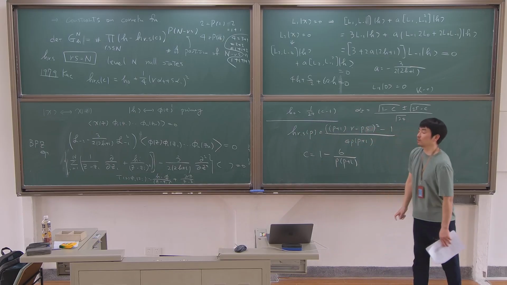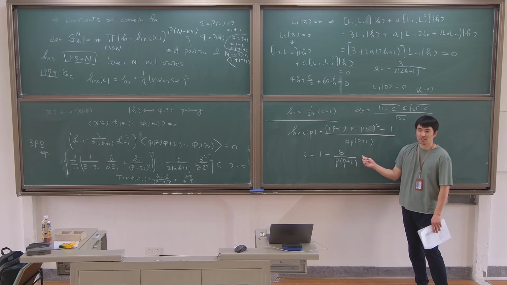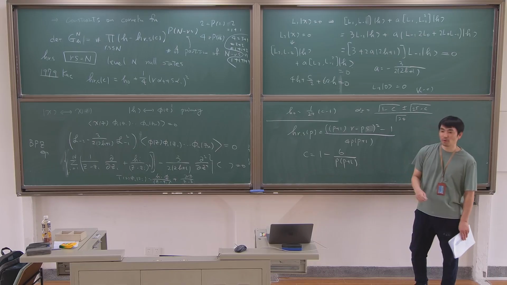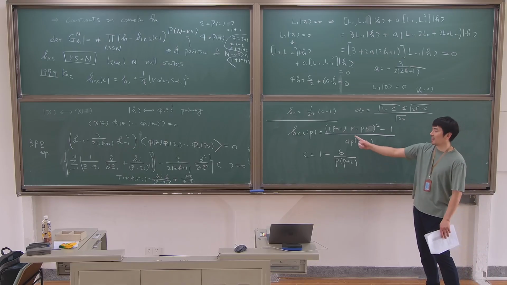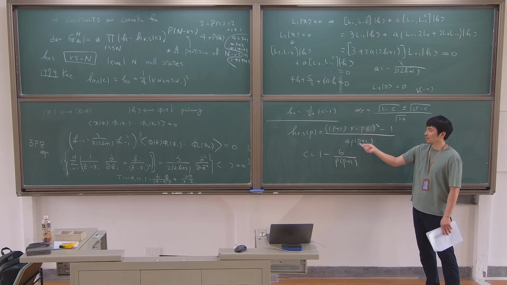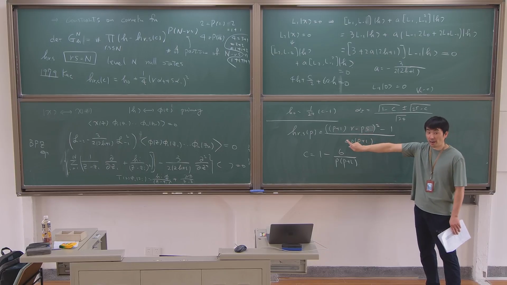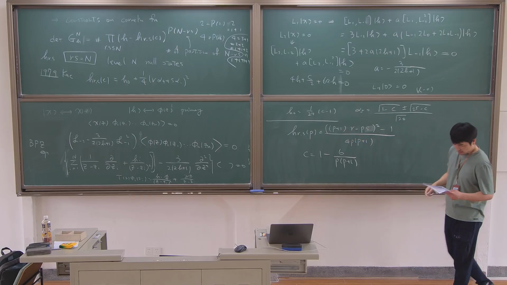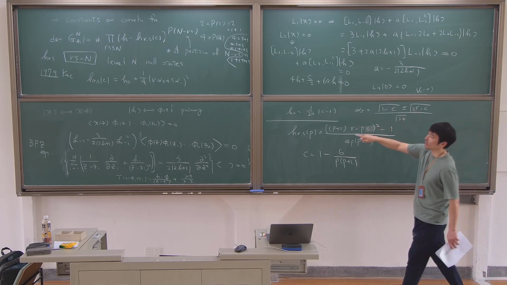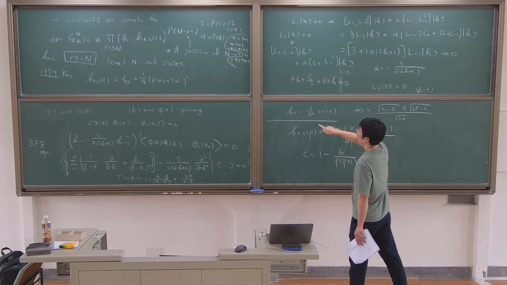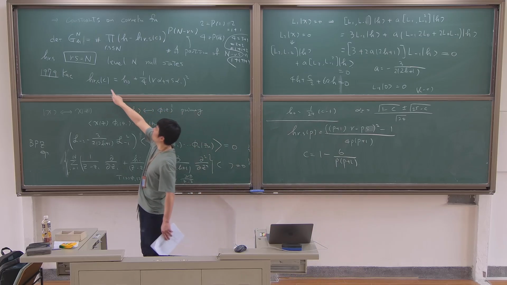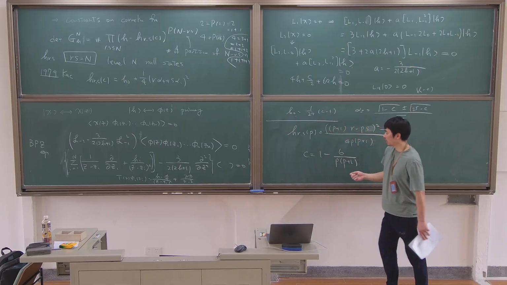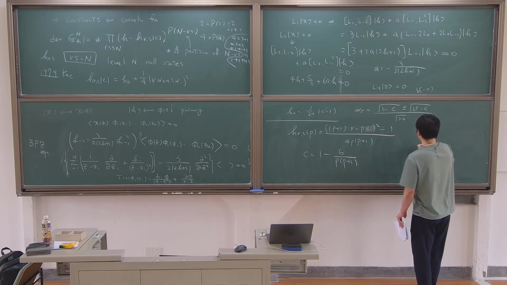When c takes this value, this is the central charge for the unitary minimal model. Then the conformal weight that gives rise to the null state is in fact this number. That's another way of expressing it. Here h is given for any central charge c, but this expression is particularly useful only for the unitary minimal model.